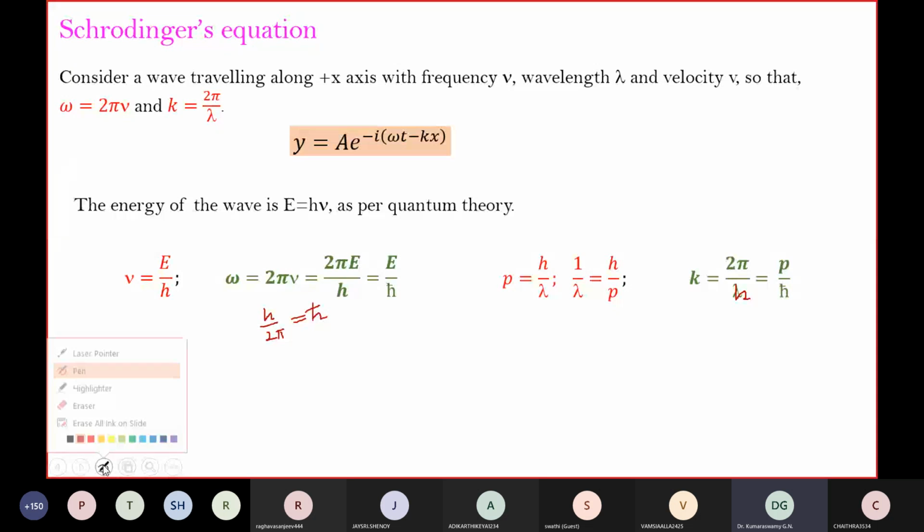Then you substitute 1 by lambda is equal to p by h. Wait, just a minute, I'll rewrite. Interchange these two. Sorry.